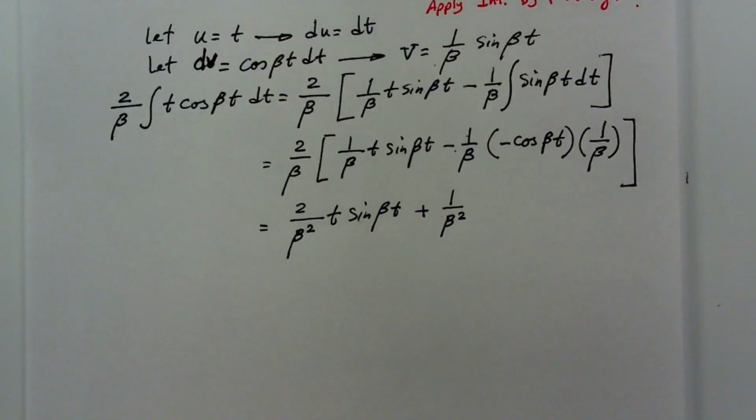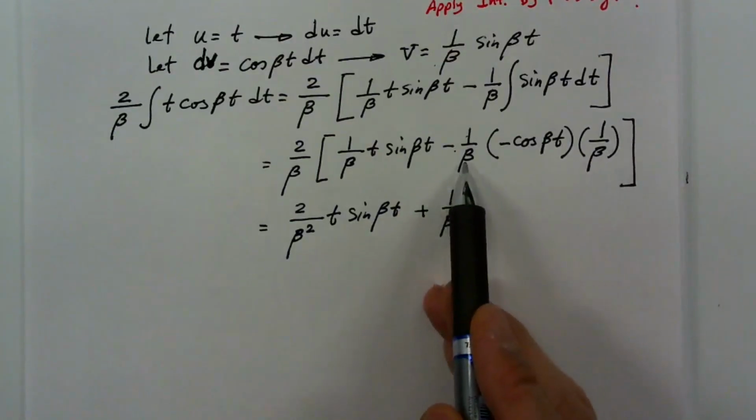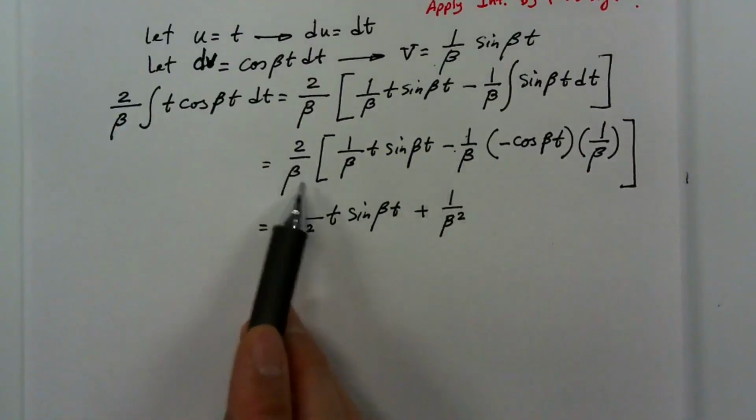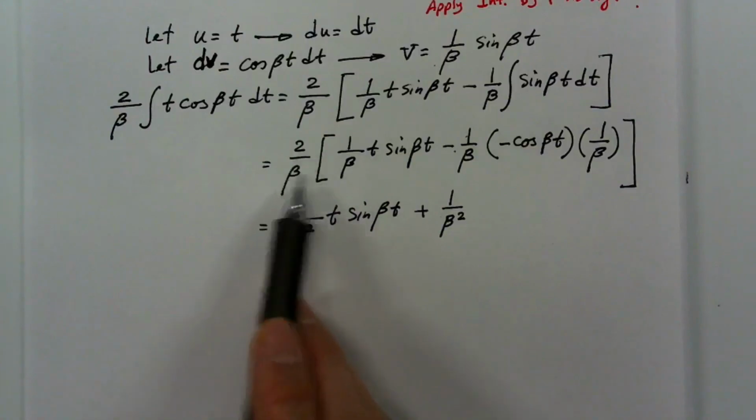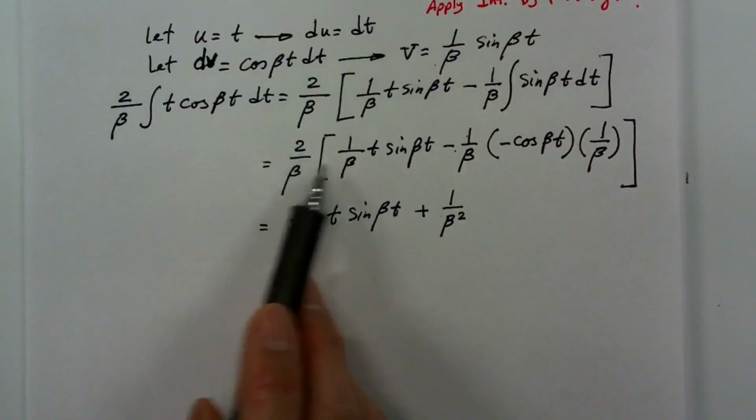But times this one, since we're distributing this 2 over beta again, as we did here, to each term.